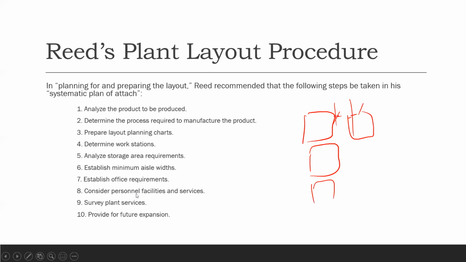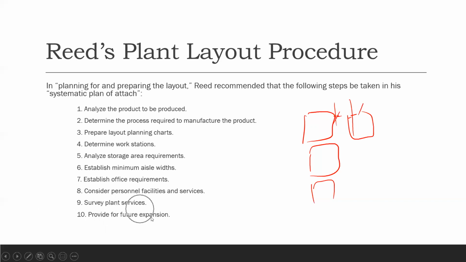Okay, and then this one considers yung pangangailangan na ng mga personnel. For example, this includes yung mga restroom, mga parking spaces, and then yung sa aircon, yung sa mga ganun na pangangailangan. Ano?